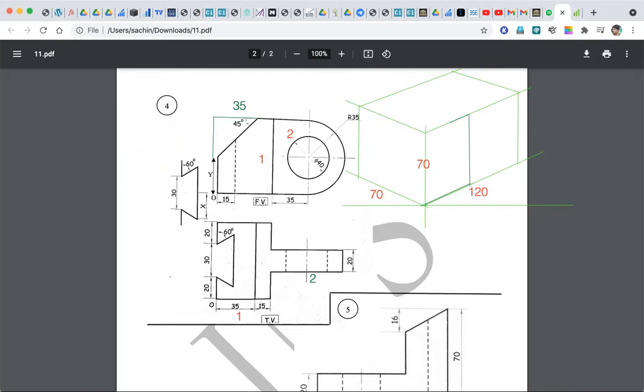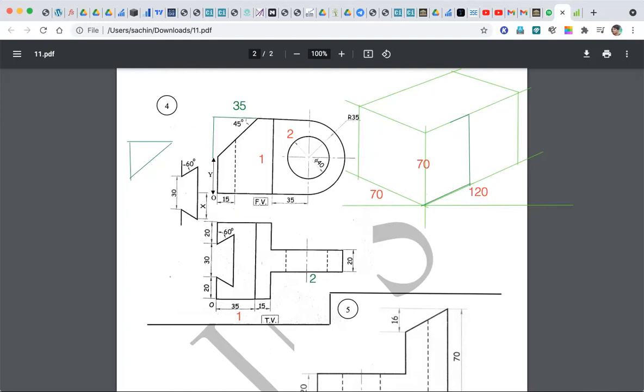since I have to find out this distance, right? This y or this distance, which is 70 minus y. So this distance is given 35 and this angle is given 45 degrees. So what I will do, I will draw one horizontal line of 35 and I will draw 45-degree angle.